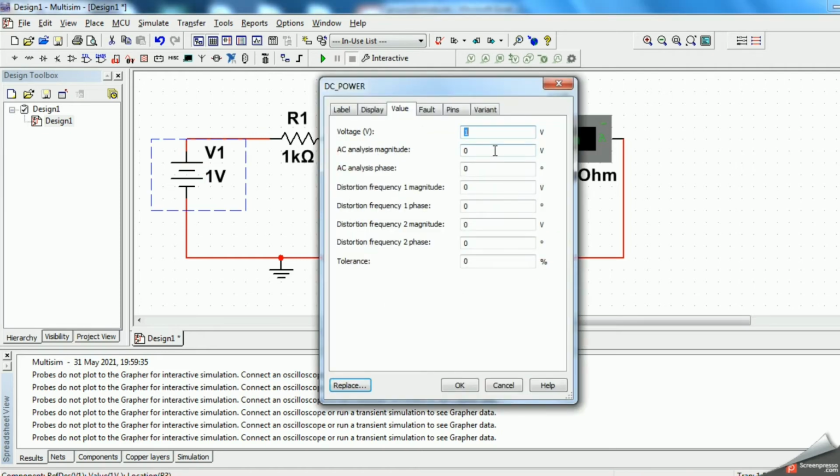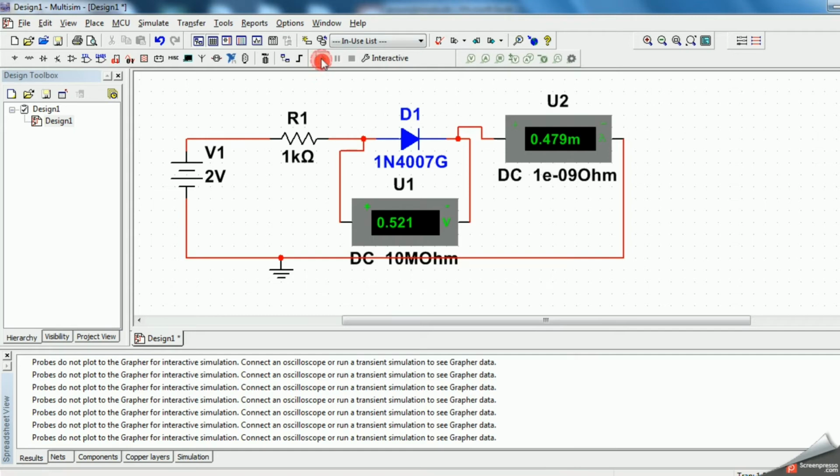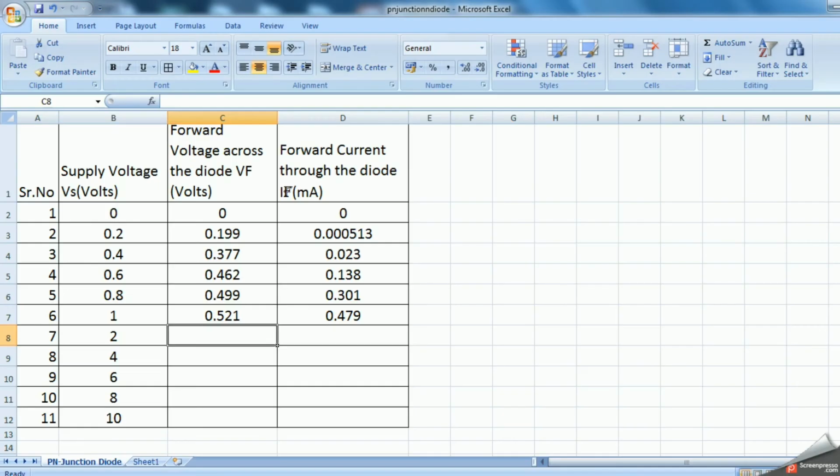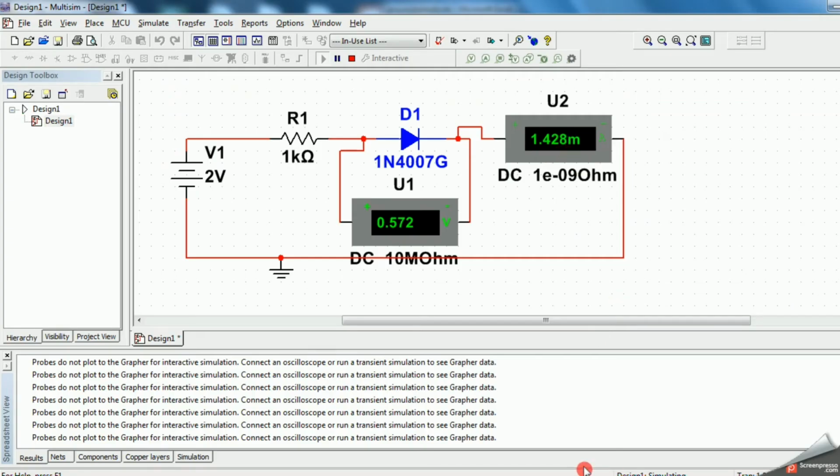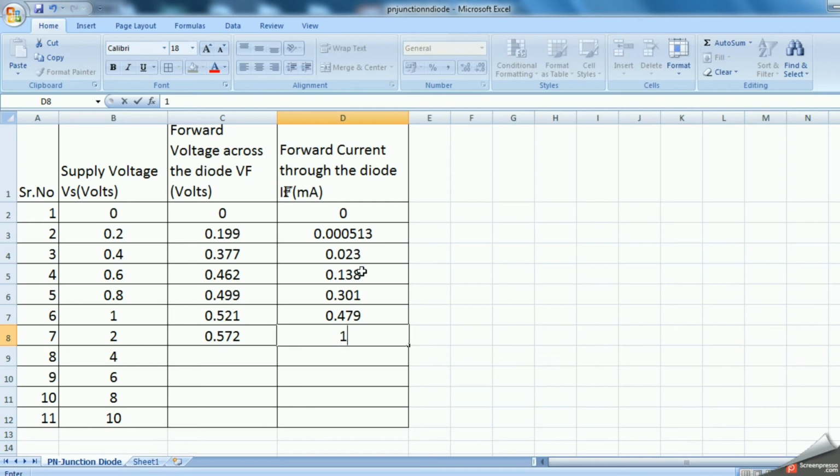Double click, 2 volt. Okay, run. The voltage across the diode is 0.572 and current is 1.428 milliampere.